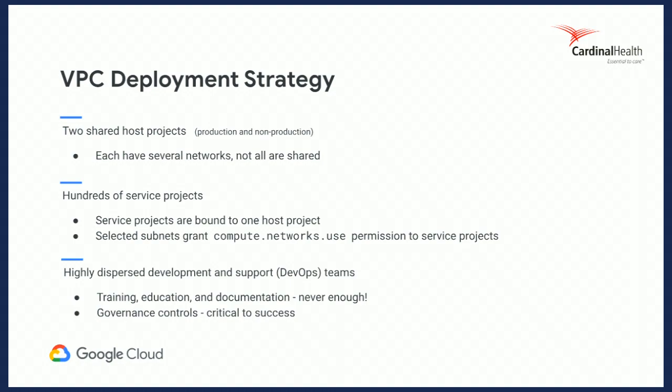So whenever we do this, we're trying to make it as simple to consume as possible for those DevOps teams. And it's constantly a challenge to do training, education and documentation. There's never enough of that. You're going to repeat yourself over and over again, but that's not because of the networking, that's because of the organizational challenges in a large multinational organization that's ever changing.